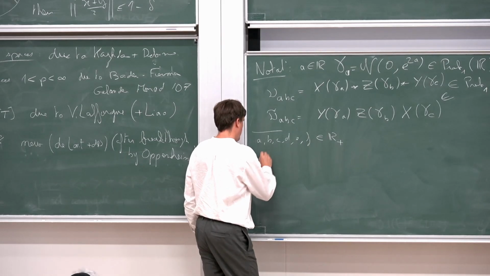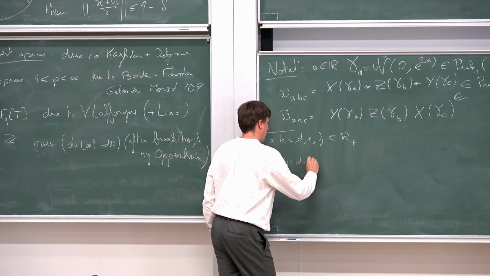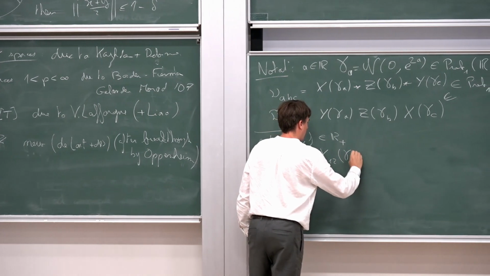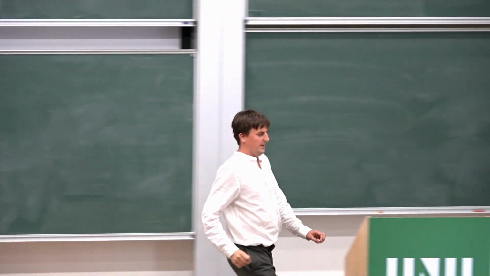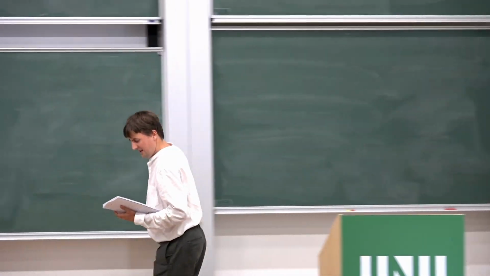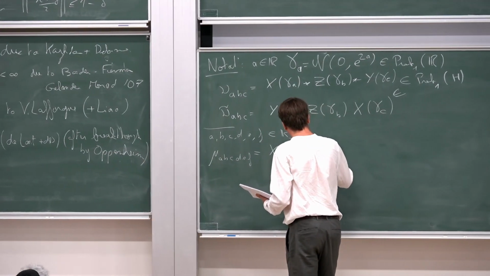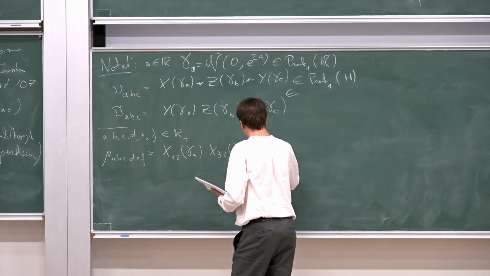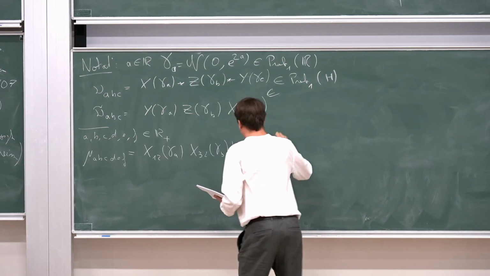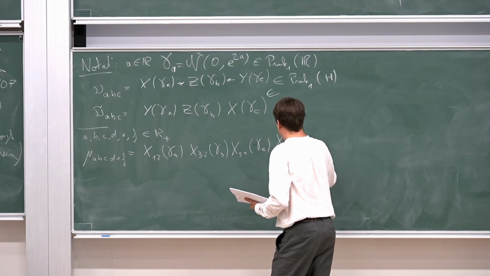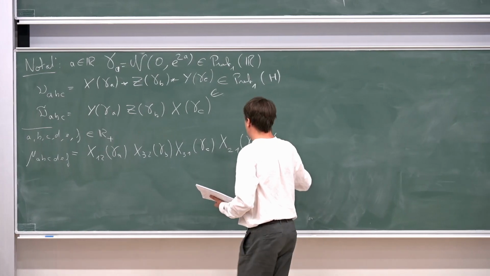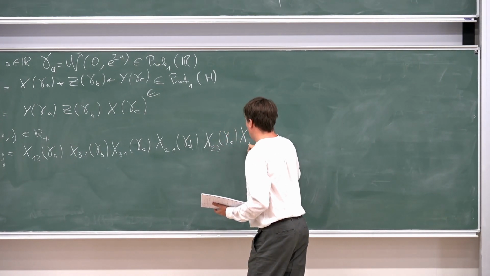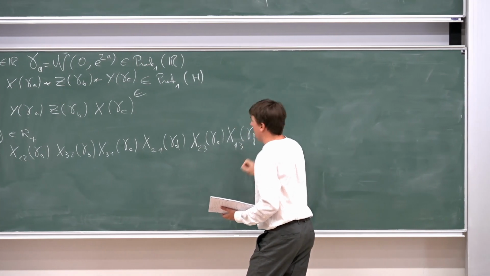I will define u a,b,c,d,e,f as the probability measure x12 of gamma a, x32 of gamma b, x31 of gamma c, x21 of gamma d, x23 of gamma e, and x13 of gamma f.